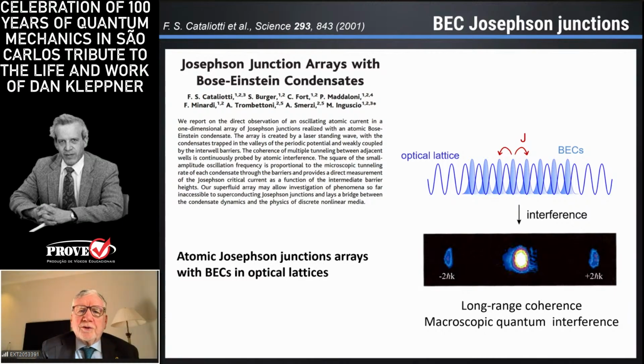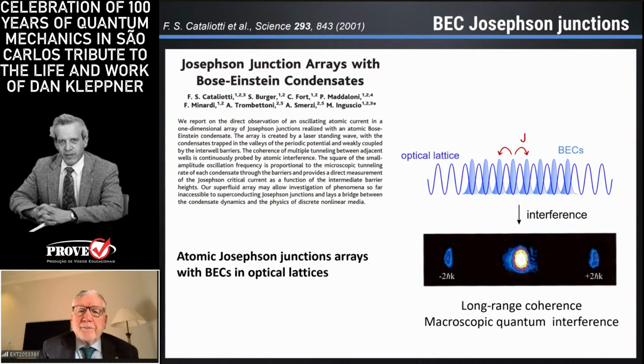I want to show this experiment that we did on creating an array of Bose-Einstein condensates, which were superfluid, separated by a regular barrier of light.